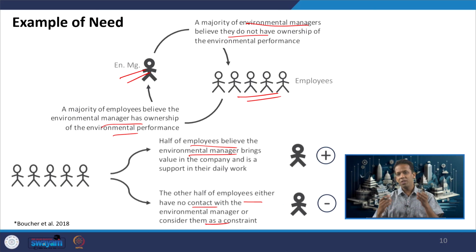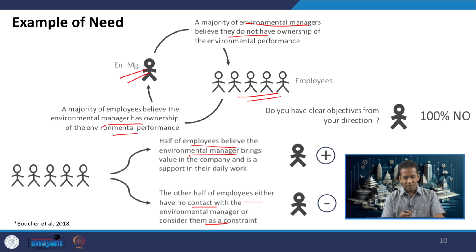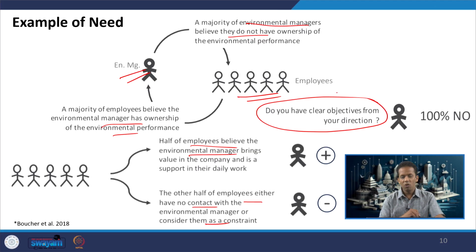There are changes or modifications in the way things work in the existing company. So, many people think of it as a constraint. The last important question asked was whether they have clear objectives from their direction, and almost 100% of employees said no.